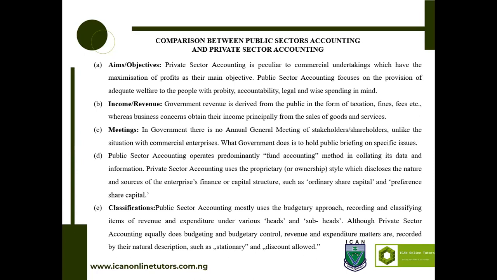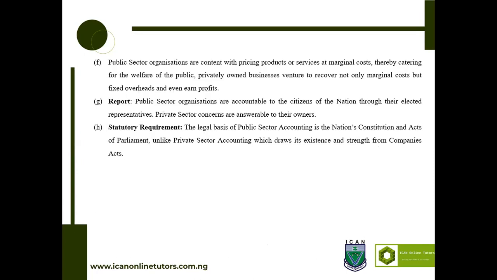So these are the classic differences between the public and private sector in terms of classification. Public sector organizations are content with pricing products or services at marginal costs, thereby catering for the welfare of the public, while privately owned business ventures recover not only marginal costs, but fixed overheads and even earn profits.